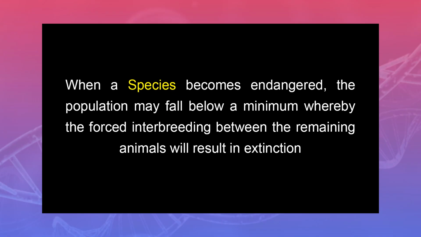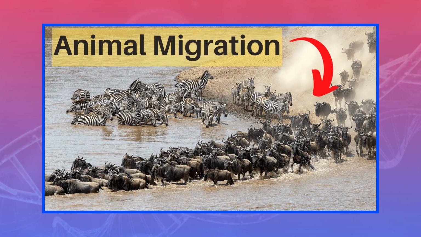When a species becomes endangered, the population may fall below a minimum, whereby the forced interbreeding between the remaining animals will result in extinction. Natural breeding includes inbreeding by necessity, and most animals only migrate when necessity arises.